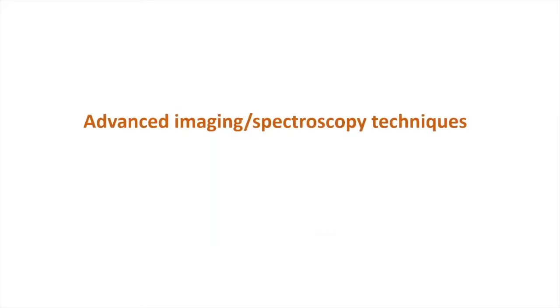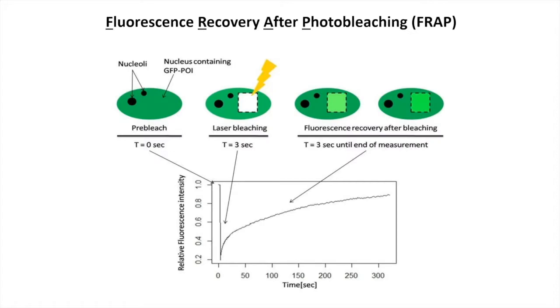So then I wanted to dwell on some of the advanced microscopy techniques. Many of you, I'm sure, are familiar with FRAP, fluorescence recovery after photobleaching. This is a technique widely used to look at protein or molecule mobility, could be proteins, could be lipids, whereby a small area, usually several microns in diameter, is photobleached quickly, and then recovery of fluorescence is followed over time.